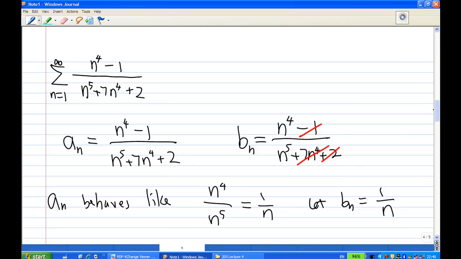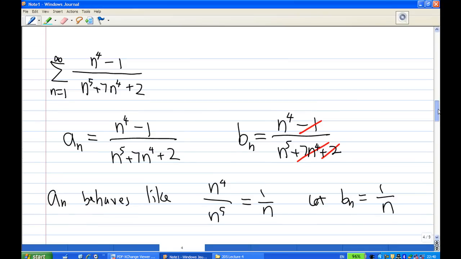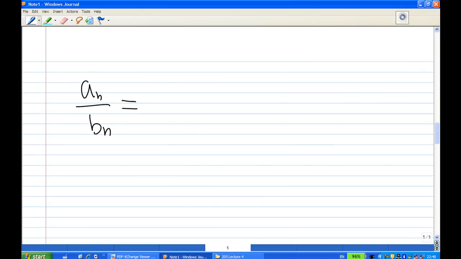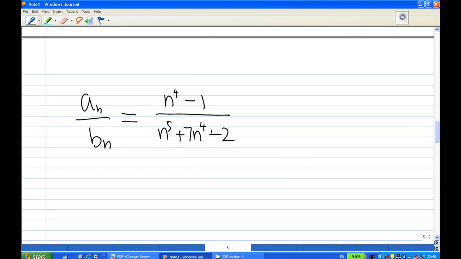Okay, so now I'm going to compare the ratio an over bn. What is an? An is (n^4 - 1)/(n^5 + 7n^4 + 2), and we divide by bn. Dividing by bn is the same as multiplying by n, since bn is 1 over n. So you get (n^5 - n)/(n^5 + 7n^4 + 2).